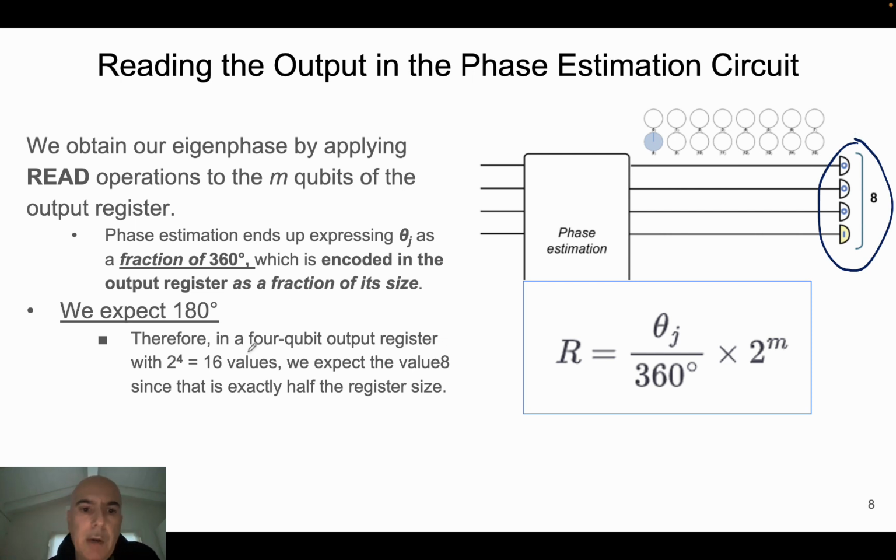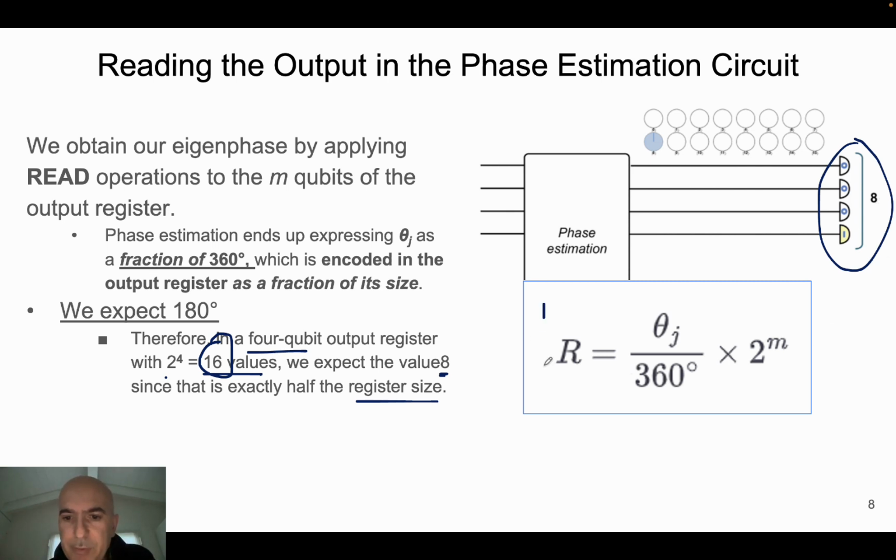So in our 4-qubit output register, with 2 to the 4, because we have 4 qubits, we have 16 values, we expect the value of 8, since this is exactly half of the register size. Right? So we know that the maximum value that is represented by our 4 qubits will be 15, and we get 8, that is halved, so 360 divided by 2 is 180.